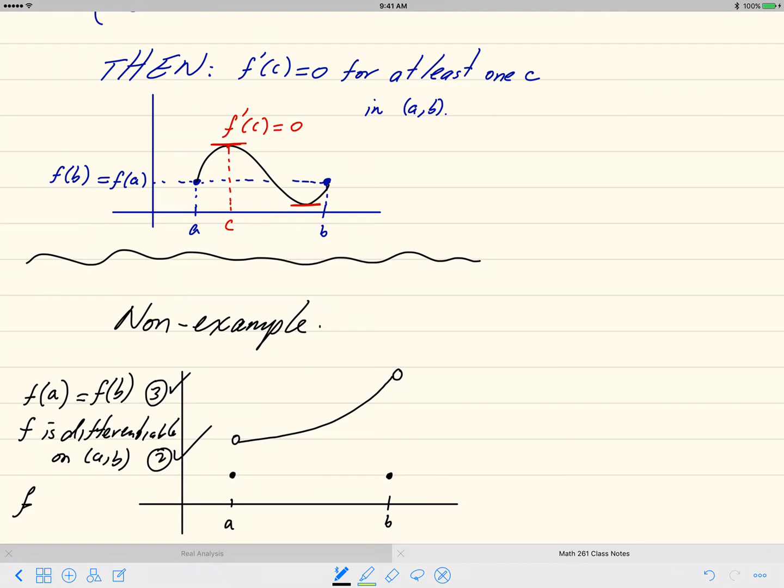But f is not continuous at the endpoints, so the first condition is not satisfied. And you can see there's no location where there's a horizontal tangent line. So the first condition is necessary.